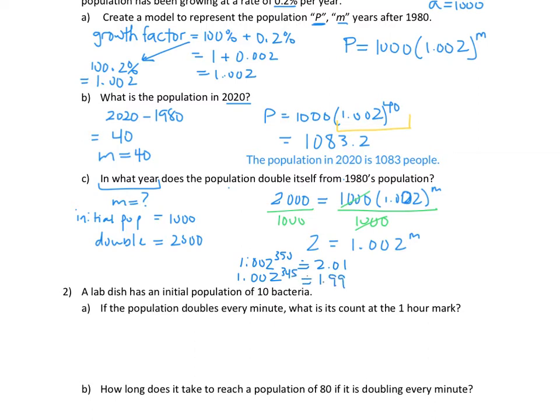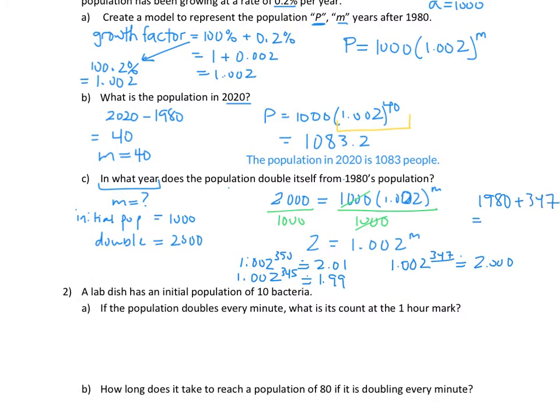I've done this ahead of time if you're wondering how I'm getting this so fast. So then I just narrow in between 350 and 345. 347 was what I came up with as being very, very close to exactly 2. So it did round, but it's 347 years after 1980. So if we take 1980 and add 347, that takes us way in the future.